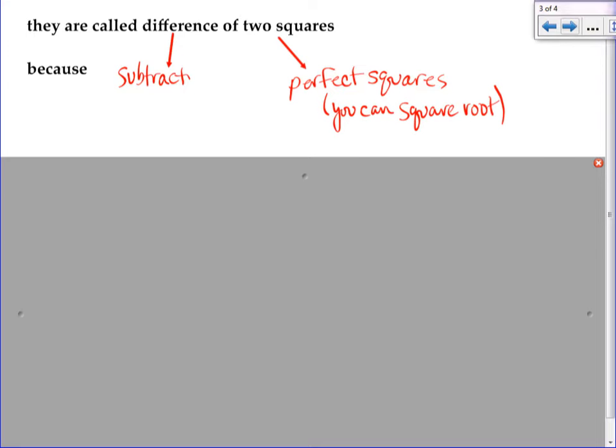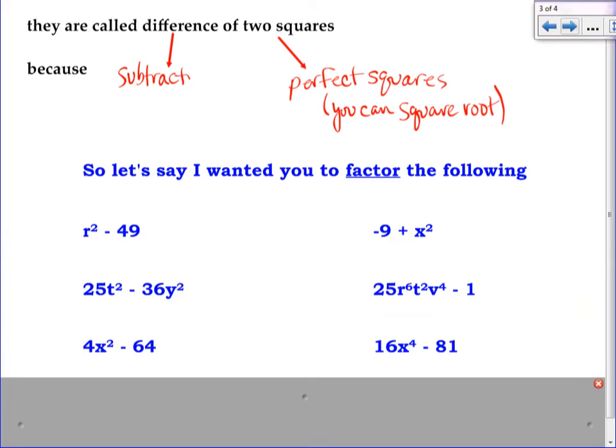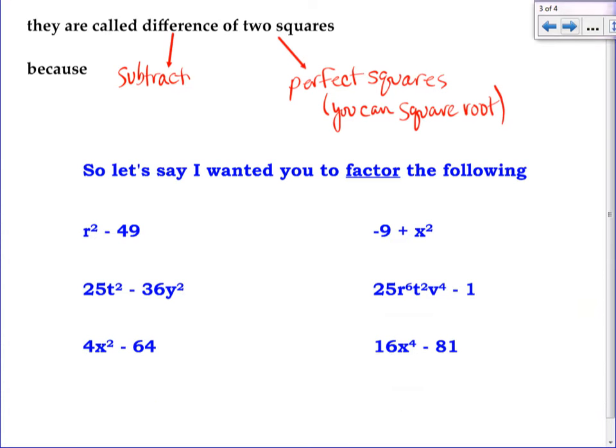You can square root. Okay, so looking at these, now we're working backwards. Can we square root both of these terms right here? And are they both perfect squares? Yes, we can square root both of these things.